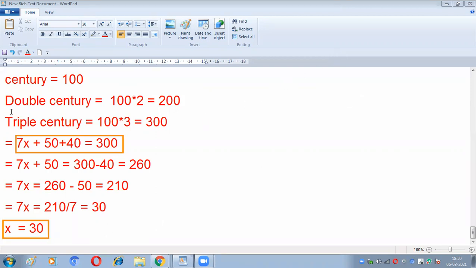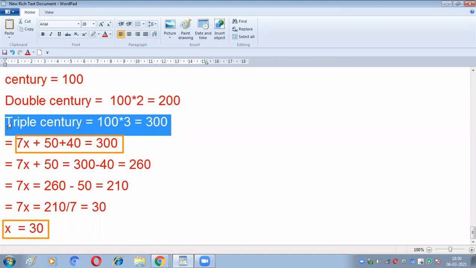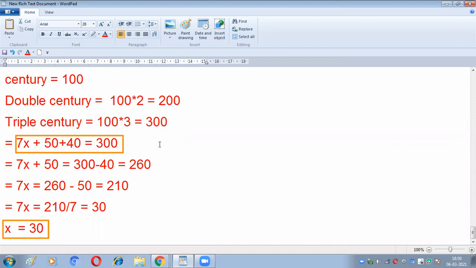Okay, friends, you also have to mention in your examination that century, double century, triple century is equal to how much. Then you will get full marks. If this is in 2 marks, you will get 2 marks, and if this is in 3 marks, you will get 3 marks.